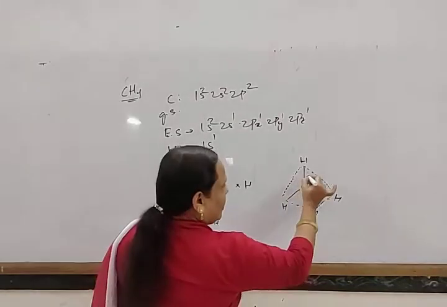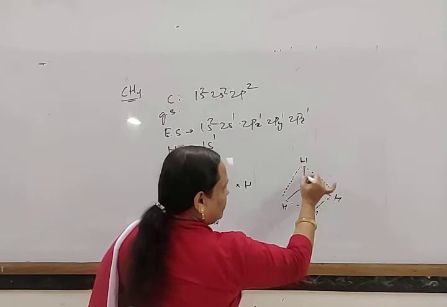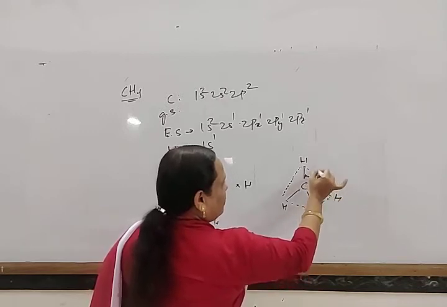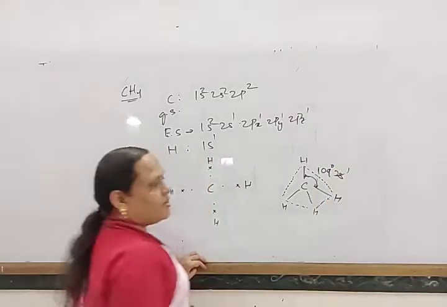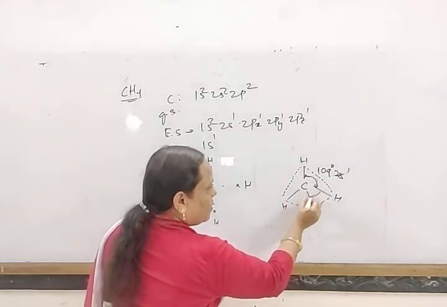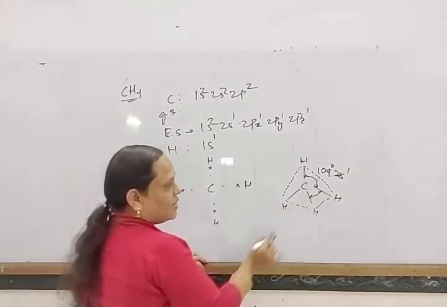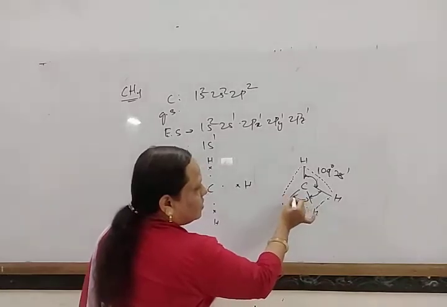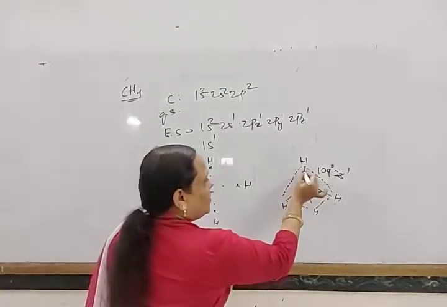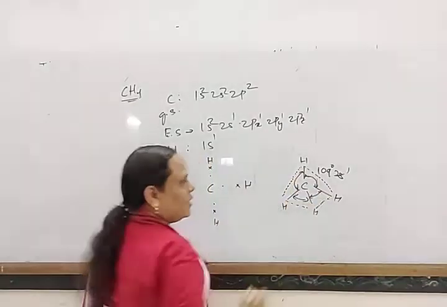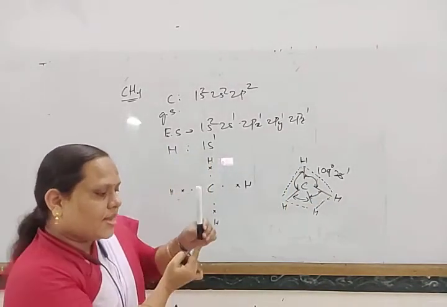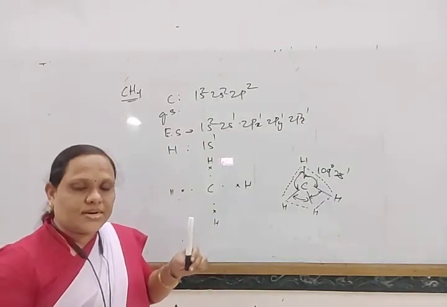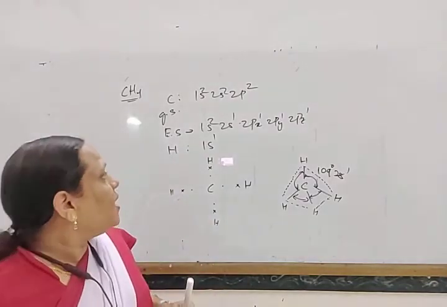The bond angle between H-C-H is 109 degree 28 minutes. Here also the bond angle is 109 degree 28 minutes, this is also 109 degree 28 minutes, and this is also 109 degree 28 minutes. In this way, one hydrogen remains like this, and the other hydrogen remains like this.